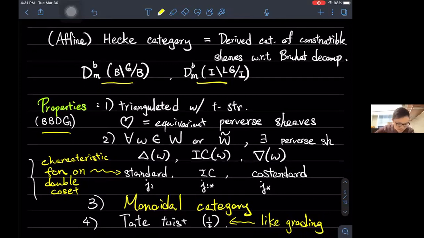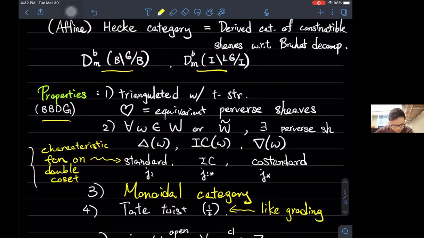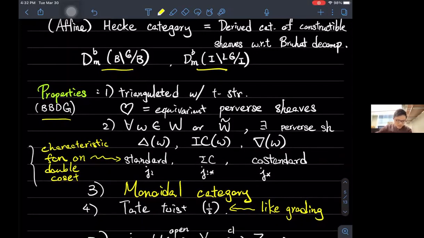Instead of talking about the definitions, let me mention properties of how we actually work with these two derived categories. And these properties, you could see the reference in this book. First of all, they are triangulated with a particular t-structure. And the heart of this t-structure is the equivariant perverse sheaves.